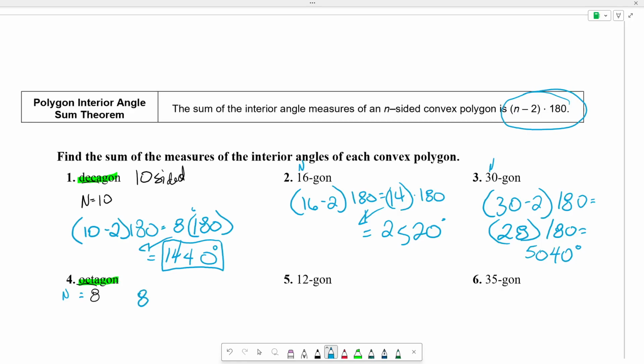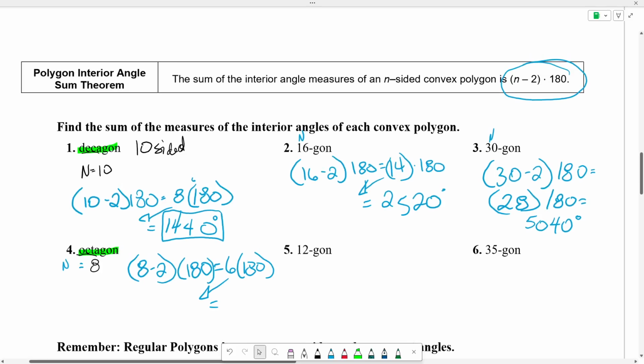So I'm going to do 8 minus 2 times 180. That'll give me 6 times 180. 6 times 180 will give me 1,080 degrees.